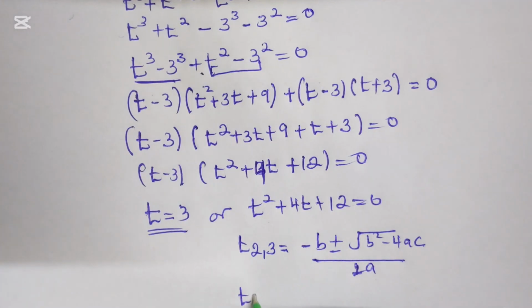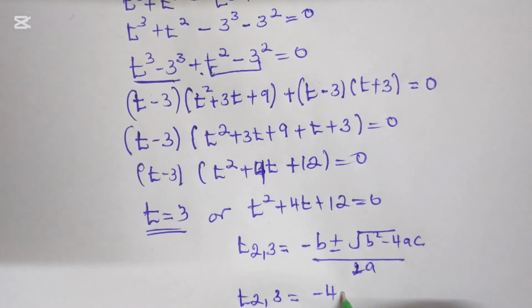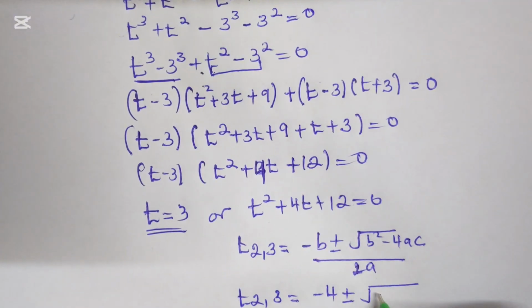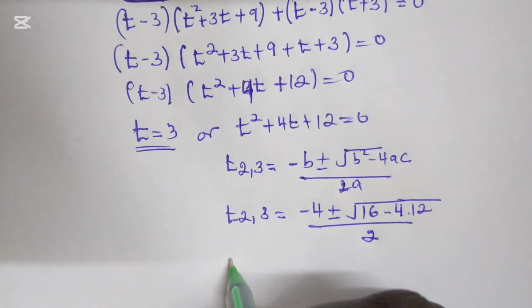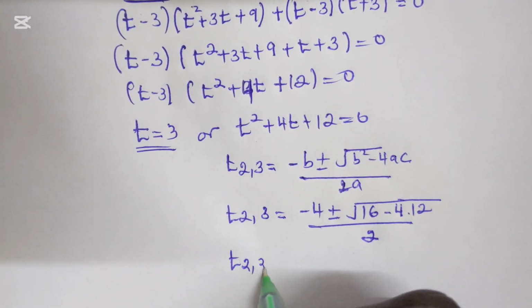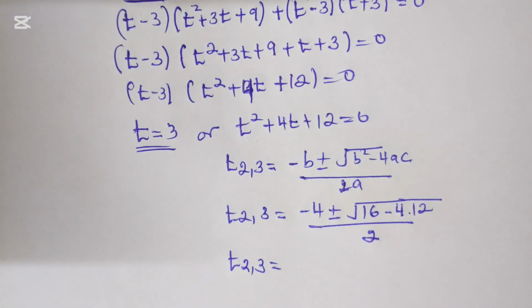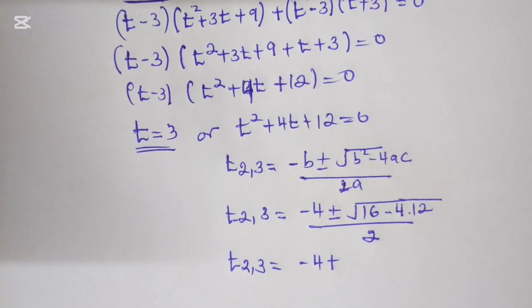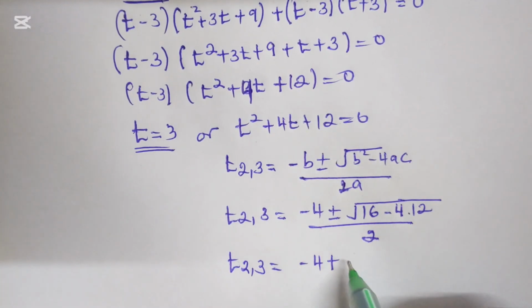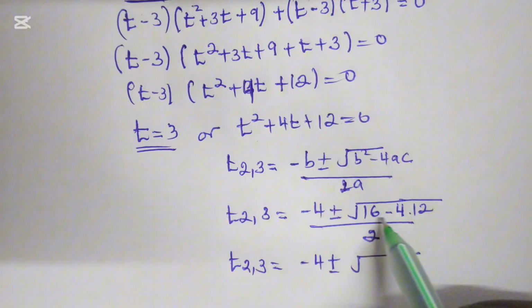So t2 and t3 will be negative 4 plus or minus the square root of 16 minus 4 times 12, over 2. This is 16 minus 48.